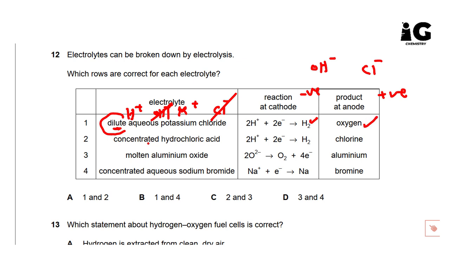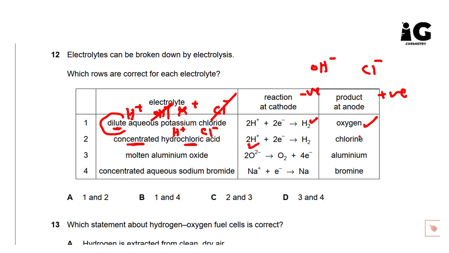Number 2, concentrated hydrochloric acid. Observe this word, concentrated, so you have to take care. Here we have H plus and Cl minus. Again, at the cathode we have hydrogen from the acid, so this is true for the first one: 2H plus plus 2 electrons to form H2.